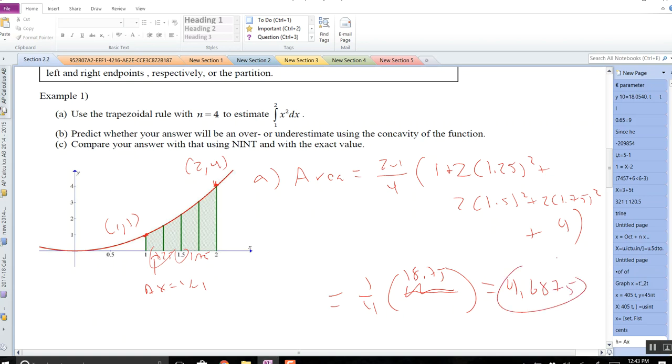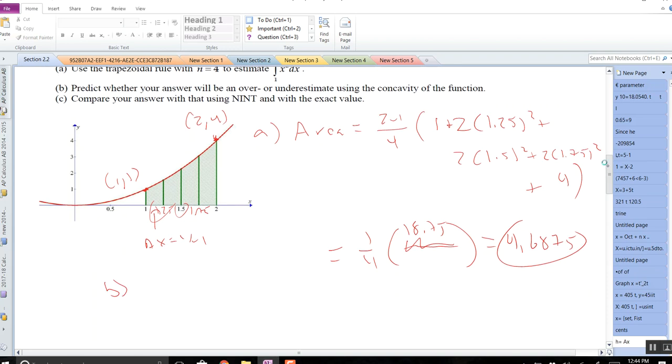Well, the true area. What we're going to do is see whether we have an underestimate or an overestimate. Because this is concave up, if you think about the shape here, these are going to be overestimated. It's kind of hard to tell.